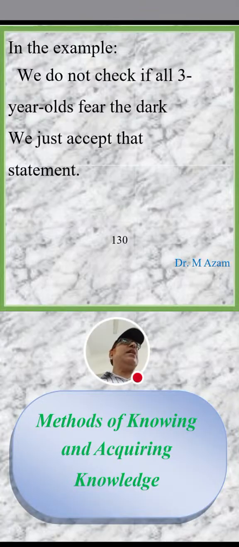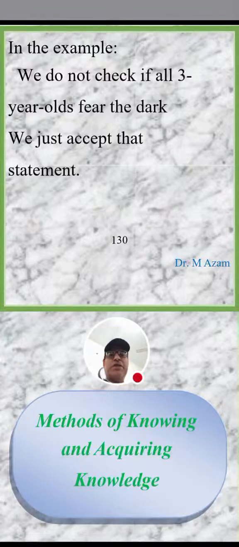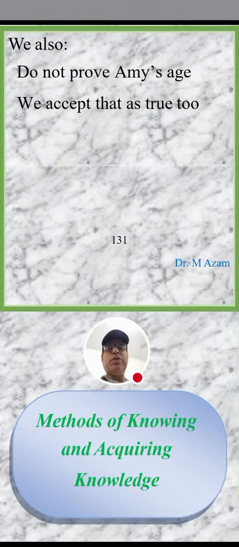We do not test, we do not examine whether 3-year-olds are all afraid of the dark. We just accept that statement as true. We also do not prove Amy's age. We accept that as true too. We believe that Amy is 3 years old.